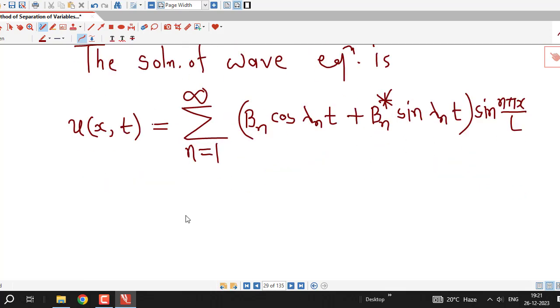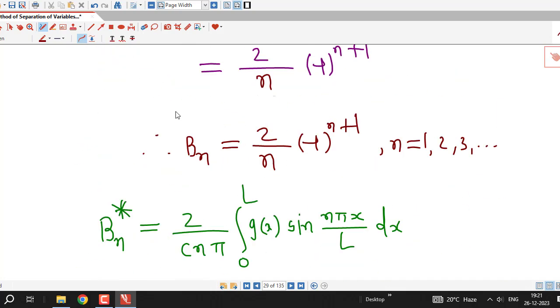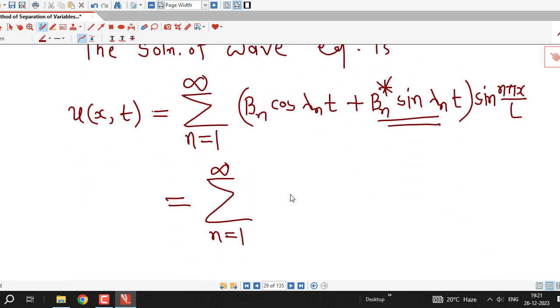We have obtained Bn. Bn star is 0, so this term will get cancelled, and this is sigma n equal to 1 to infinity. Our Bn is 2 by n minus 1 raised to n plus 1, that I substitute here. What is lambda n? Lambda n is C n pi over L, that also I substitute here.